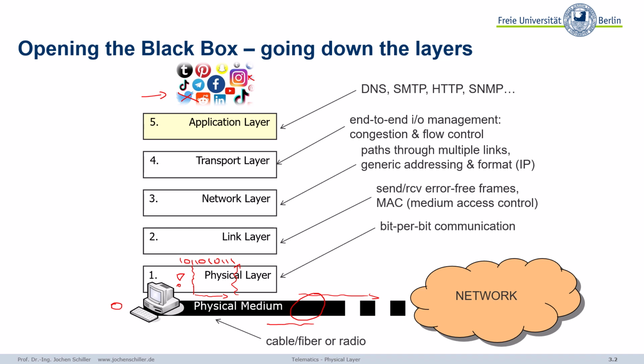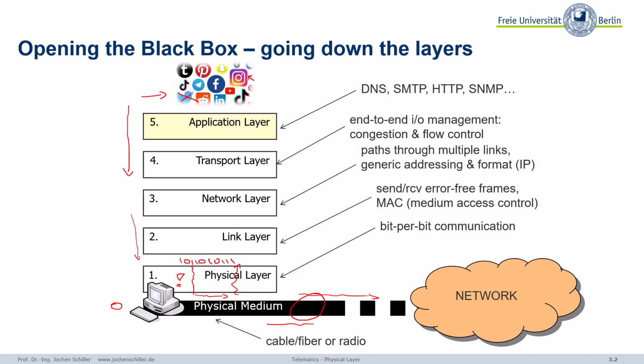So the whole idea here is that we can run many different applications on top of this protocol stack, and the protocol stack should be neutral when it comes to certain applications. So the network layer shouldn't care about what's going on top of it. The link layer should simply get some frames and generate bit patterns, then hand it over to the physical layer.